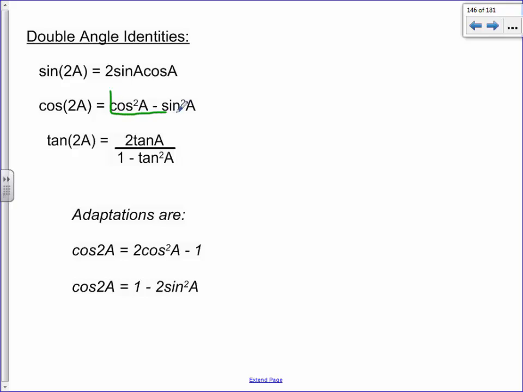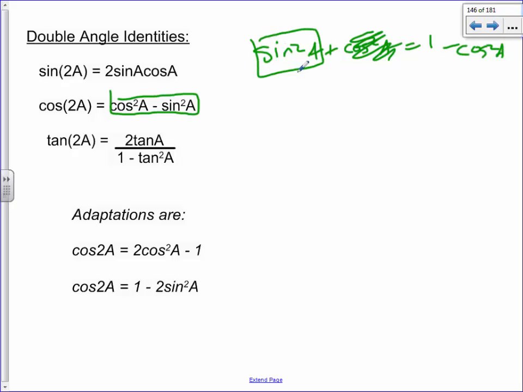This one right here is the original one that was discovered for cosine. But then they recognized that sine squared and cosine squared are part of another identity, the Pythagorean one: sine squared plus cosine squared equals 1. They took the cosine squared to the other side and substituted it inside there.